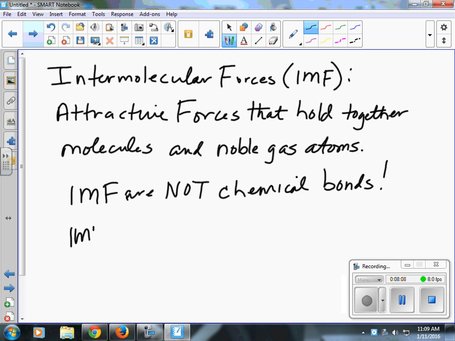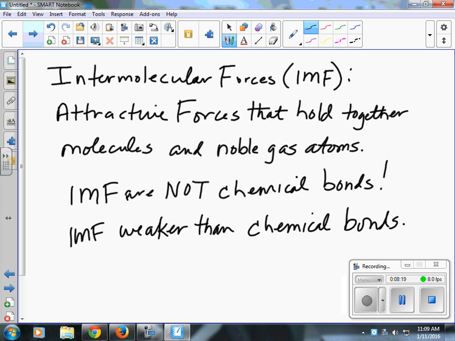They are weaker than chemical bonds. So it's like we have a hierarchy of forces of attraction. We'll get to that in a minute. At the bottom, the weakest are intermolecular forces.